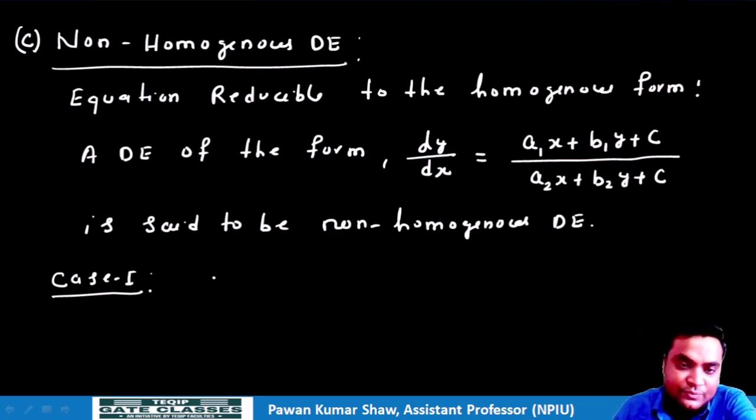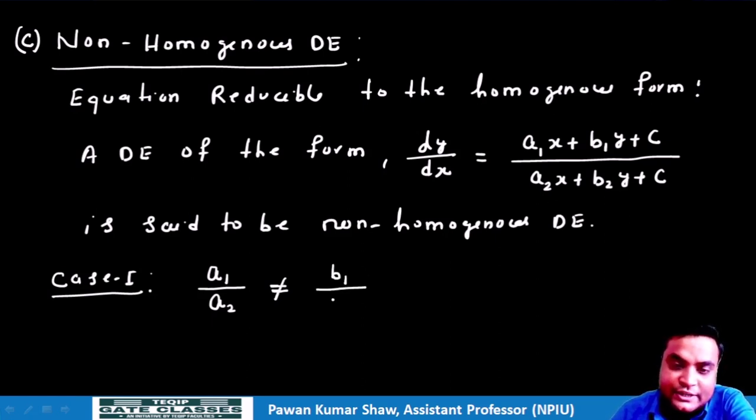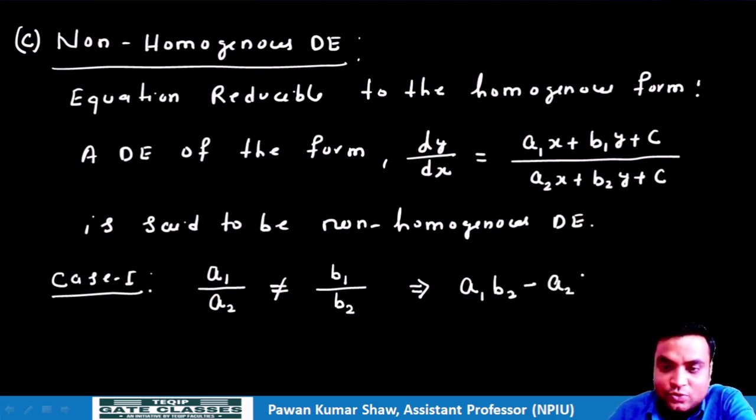Suppose a1 by a2, we are taking the coefficient of x, the ratio of that one, if it is not equal to the ratio of the coefficient of y, that is b1 by b2, then in that case we will do some substitution. This condition we can also write as a1 b2 minus a2 b1 is not equal to 0.